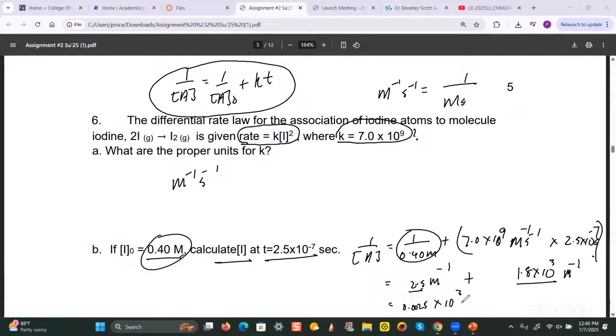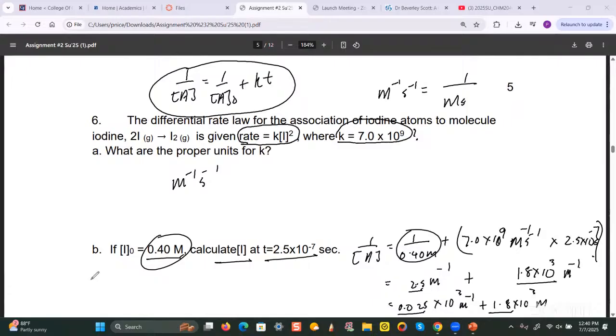So that would be 0.0025 M to the minus 1 plus 1.8 times 10 to the 3. So basically all I have to do is add 0.0025. Yeah, this should be 0.0025. Let me erase this here. I'm going to add that to the 1.8, right?